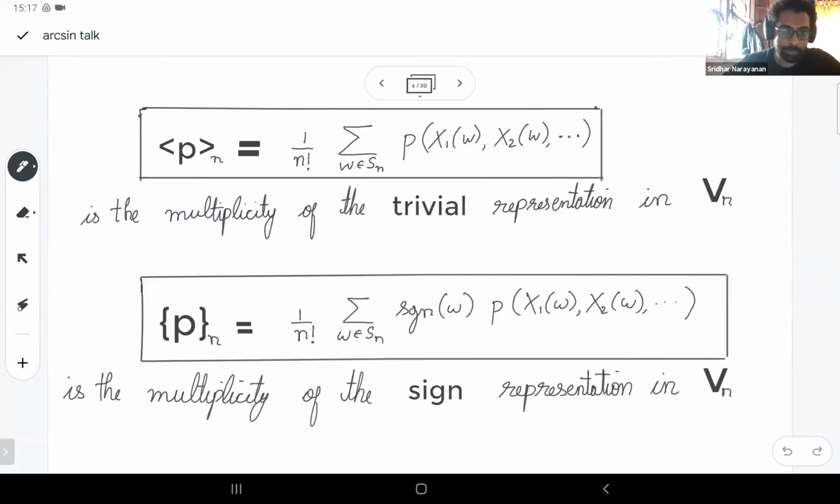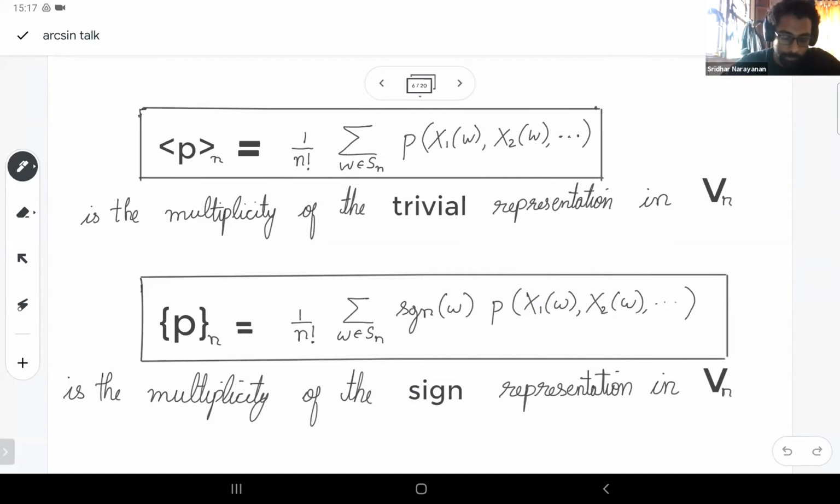So the moment is just the inner product of P with the trivial representation. The trivial representation is 1 on everything, so it's just this expression here. So the moment evaluated at n gives the multiplicity of the trivial representation in Vn.